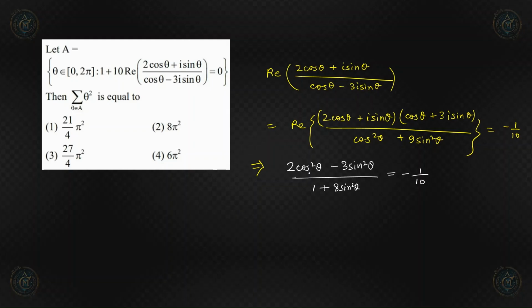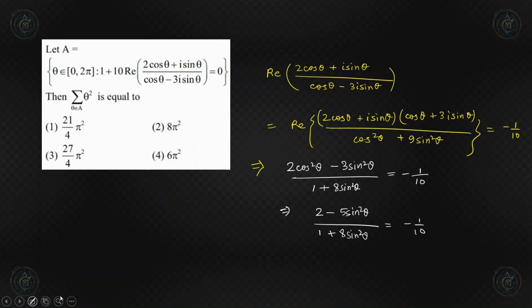Now we can convert the whole expression into a single sine or cosine term. Okay, I am preferring sine because sine is easier to handle than cos. So if we convert this cosine into sine, we get 2 minus 2 sine square theta minus 3 sine square theta. That means (2 minus 5 sine square theta) divided by (1 plus 8 sine square theta) is equal to minus 1 by 10.